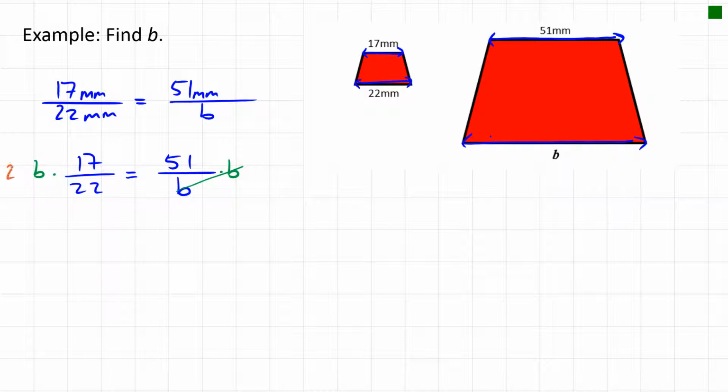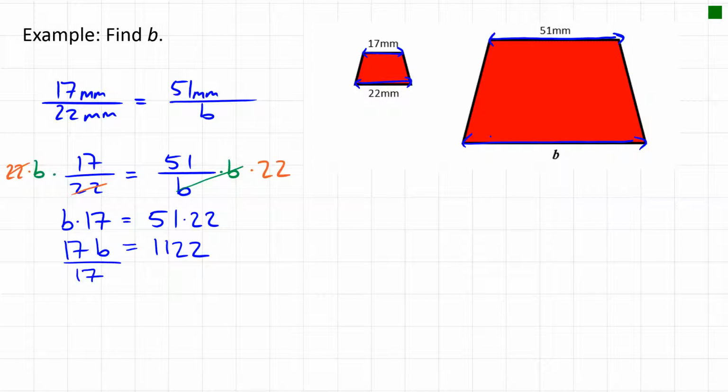And I also multiply by 22, and we're going to cancel the 22's on the left-hand side, leaving me with B times 17 equals 51 times 22. I'm going to simplify the right-hand side. 51 times 22 in my calculator, I get 1,122, and I have 17 times B.